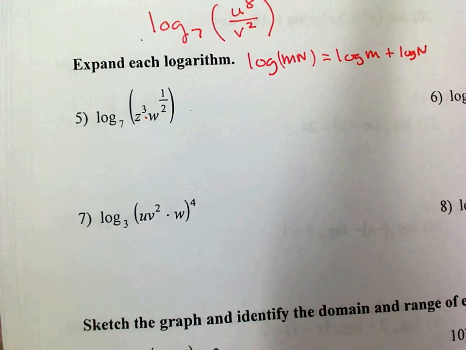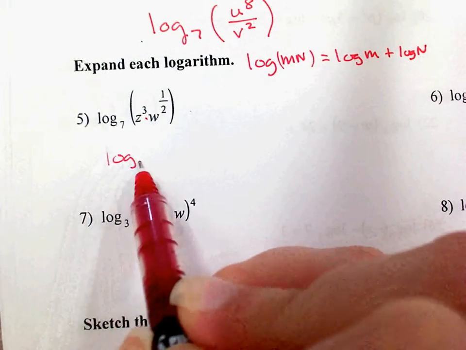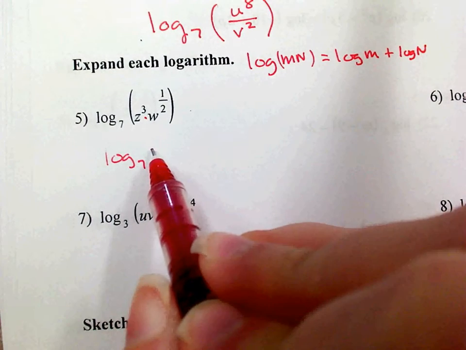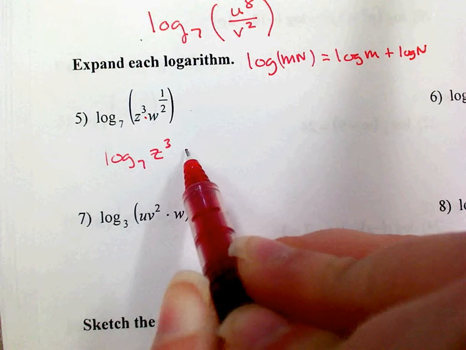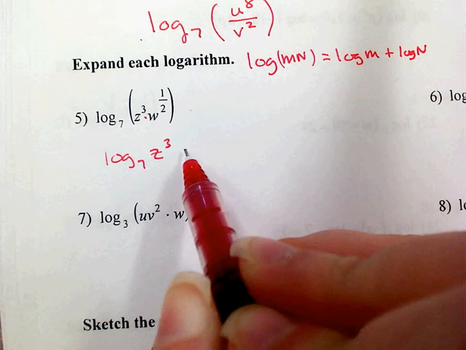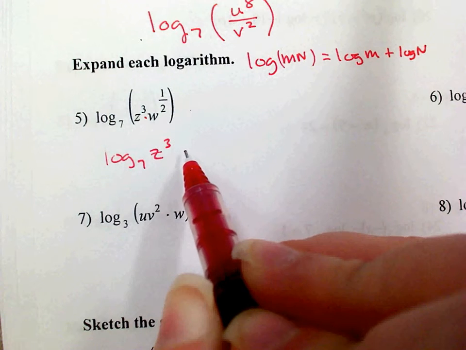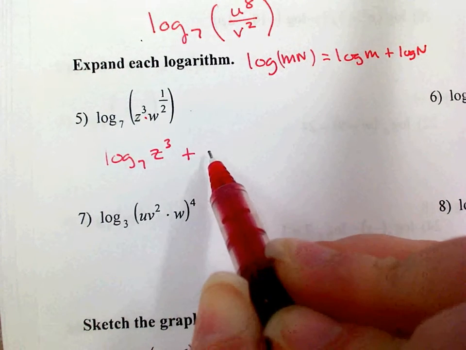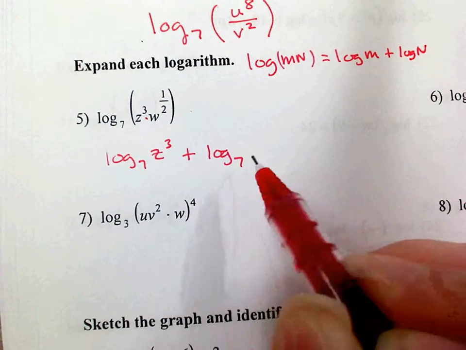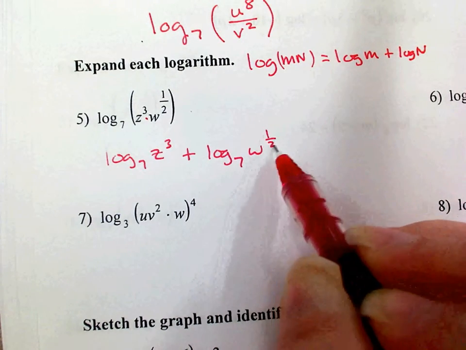Okay? So I'm going to say log base 7 of z to the 3rd. Okay, and we'll do that in a second. Good. Now what do I do? Plus. Good. Do I do another log? Log base 7 of w to the 1/2.